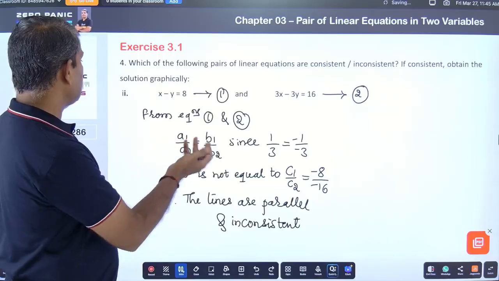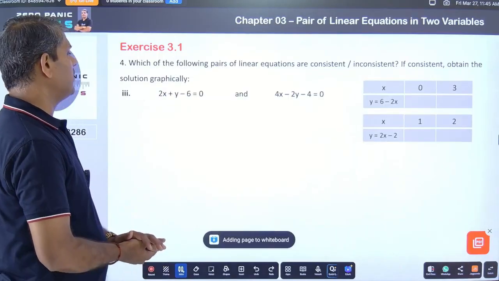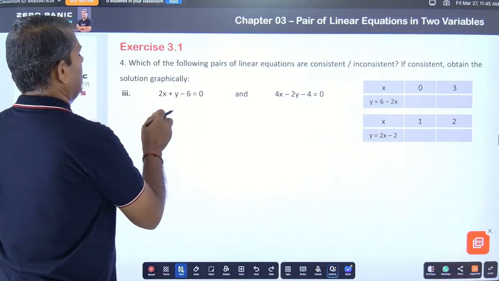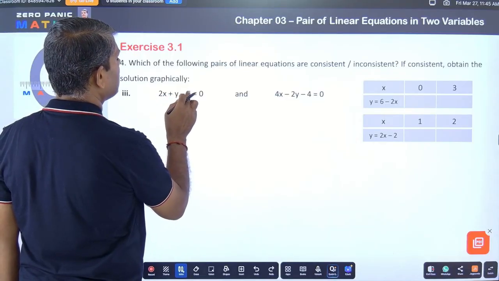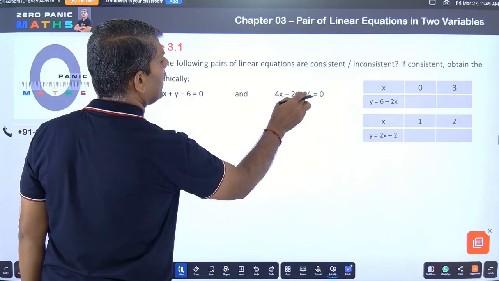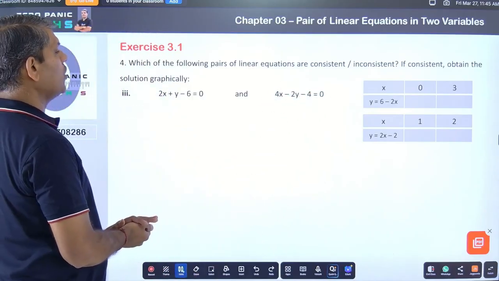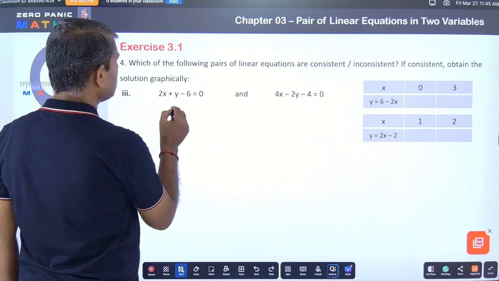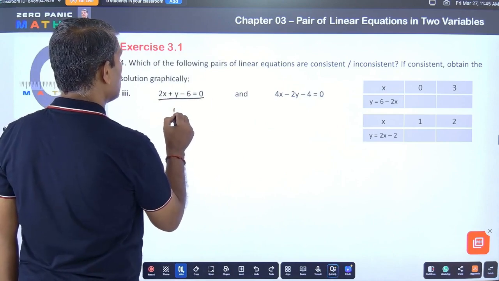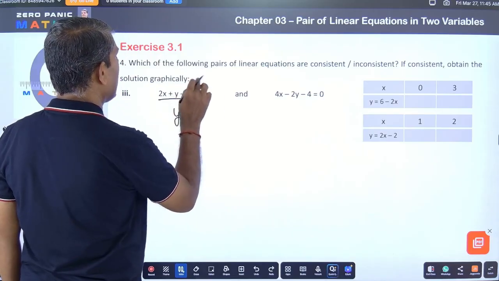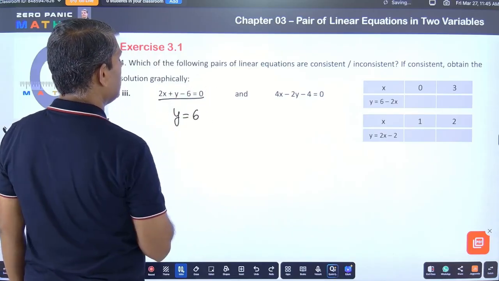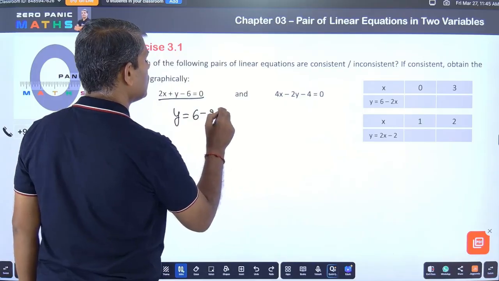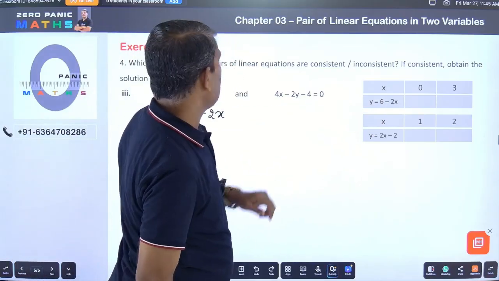Okay, let us look at the third example. You have 2x plus y minus 6 is equal to 0 and 4x minus 2y minus 4 is equal to 0. You can see that in the first table we have converted our first equation as y is equal to, taking 6 to that side, it becomes plus 6, and taking 2x to that side, it becomes minus 2x, and that is the equation in the first table.